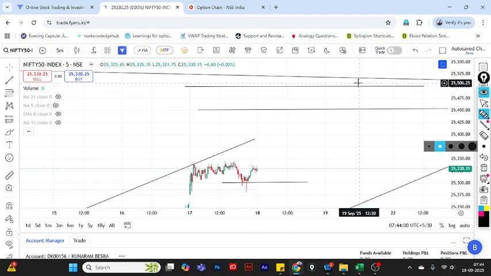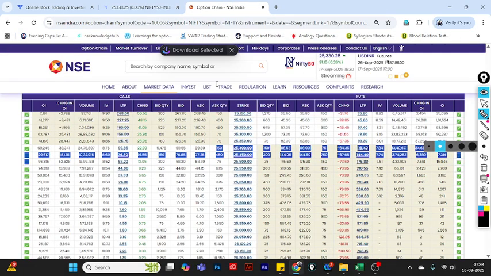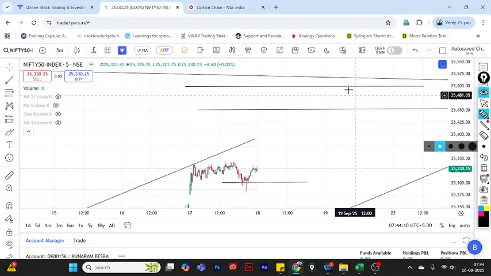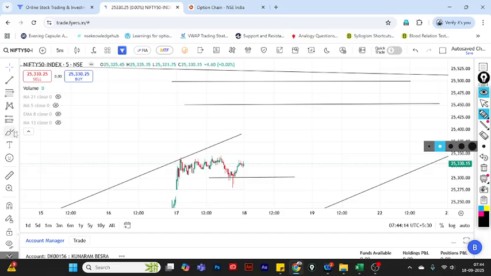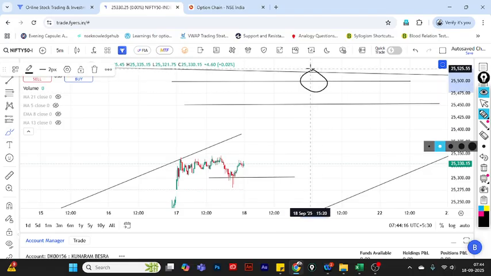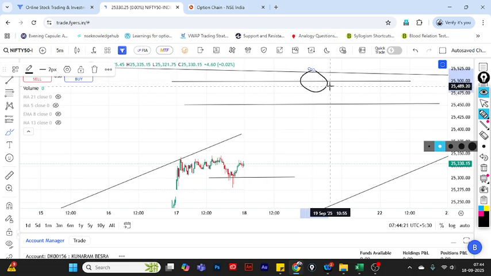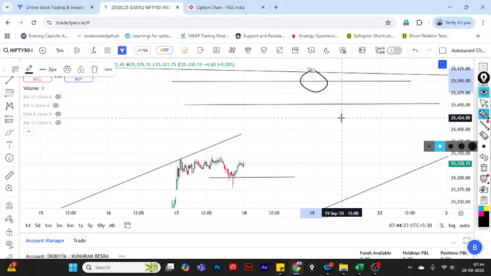That's why the big players have written puts here, and their point of view is that the market will not go up from here, it will reverse back. So whenever the market reaches this point and creates a bearish engulfing pattern or any bearish pattern, you have to plan for put.